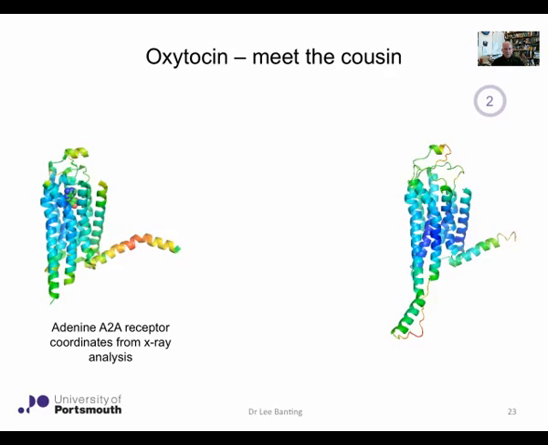In that example earlier in the course, we talked about maybe using the adrenergic receptor, which at the time was a known structure, and performing homology modeling to lead to an oxytocin receptor model. Well, we can do the same with the adenine A2A receptor, which is a slightly closer relative, just to show you that you can use other receptor types as well. And we have X-ray coordinates for the adenine receptor in an active conformation.